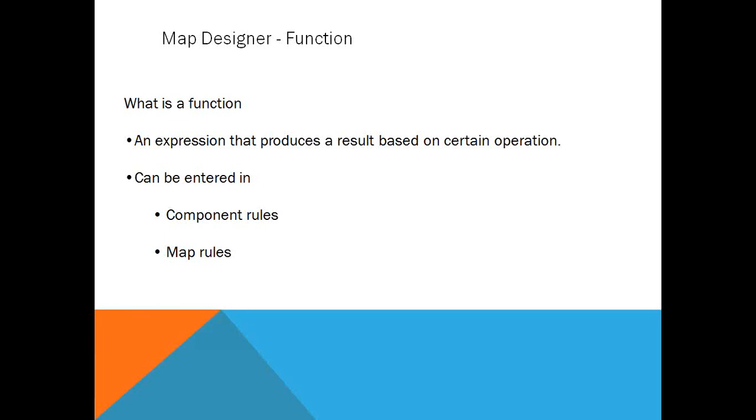We can use the functions either in the mapping rules or in the component rule. Component rules are written in the Type Tree Designer, in type trees, whereas map rules are written in the map. While doing the mapping, we write the map rules, or we can write them in the component rules in the type tree.